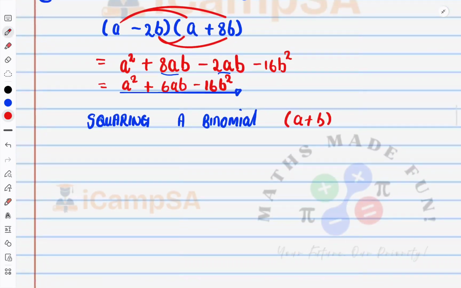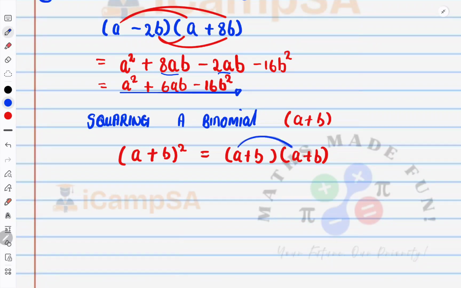And then when squaring a binomial, let's say we are given that same expression, a plus b squared. The way that we deal with this is essentially like 2 brackets multiplied. This is equal to a plus b multiplied by a plus b, according to the laws of exponents.